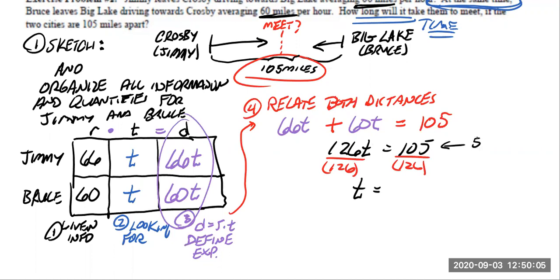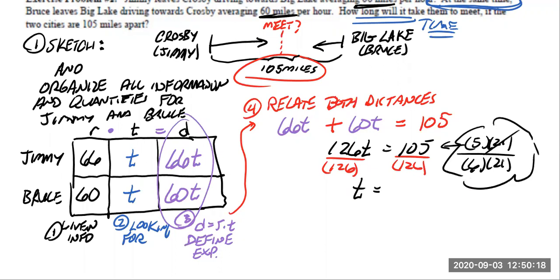This would be 5 times 21, and this is 6 times 21. So again, that would be harder to see. The 21s cancel. This is 5/6. So the answer to our problem then, T is 5/6.